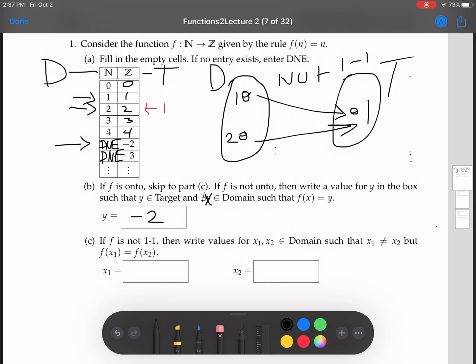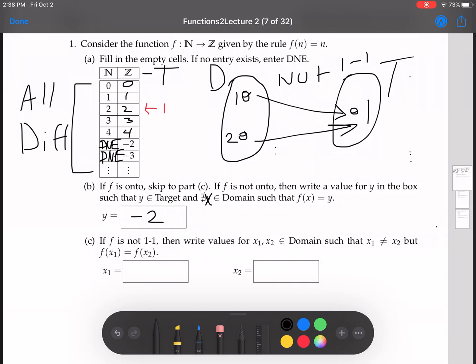And again, this reasoning with the table only works if the left-hand side of the column, the domain side, everything is different. So unique, meaning all different. Everything is unique over there.